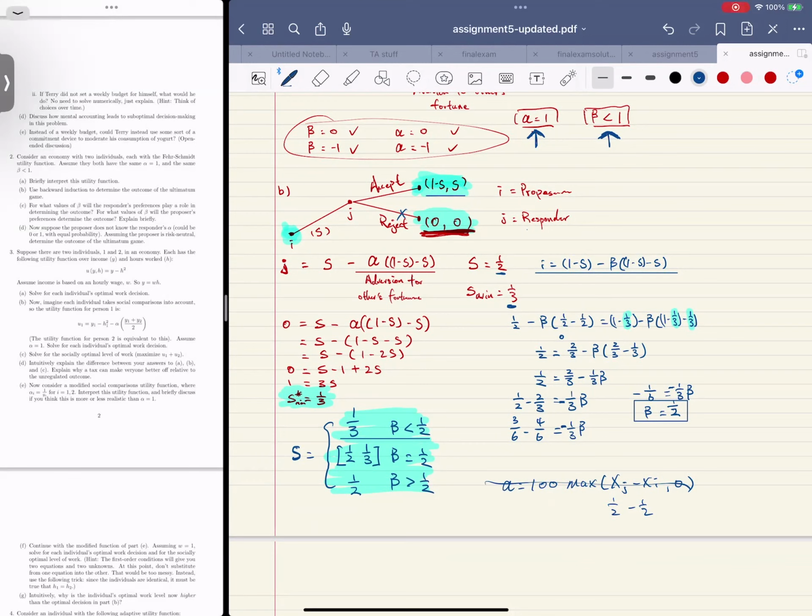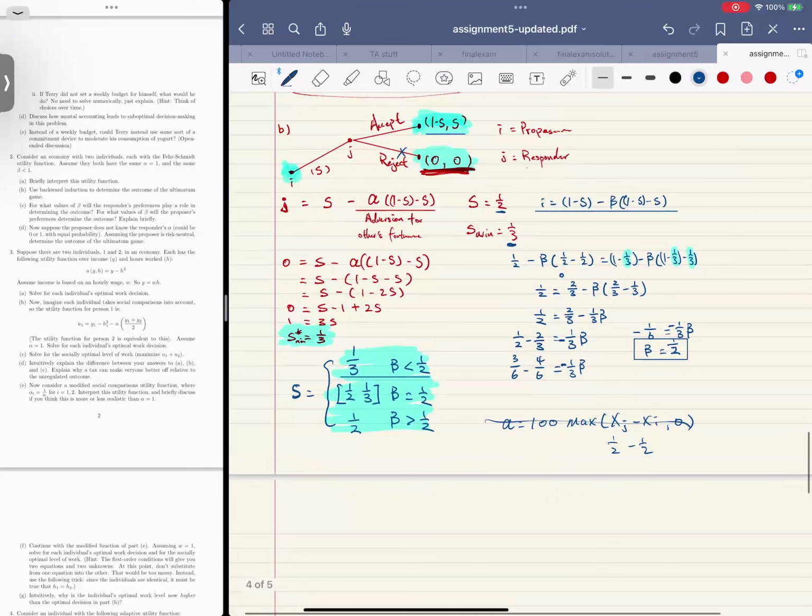So at that point my beta doesn't decide anything, because your alpha is so huge that S will equal 1/2, 1/2 whatever beta is. If your alpha is big enough, my beta doesn't matter.